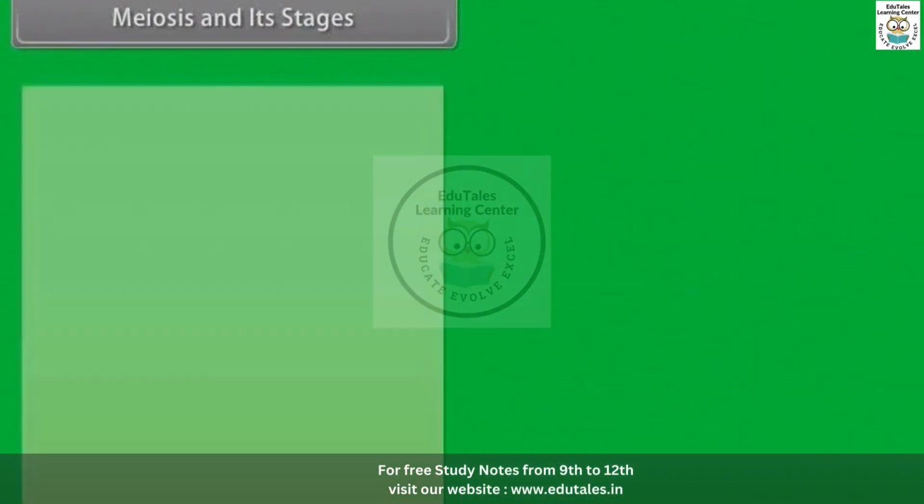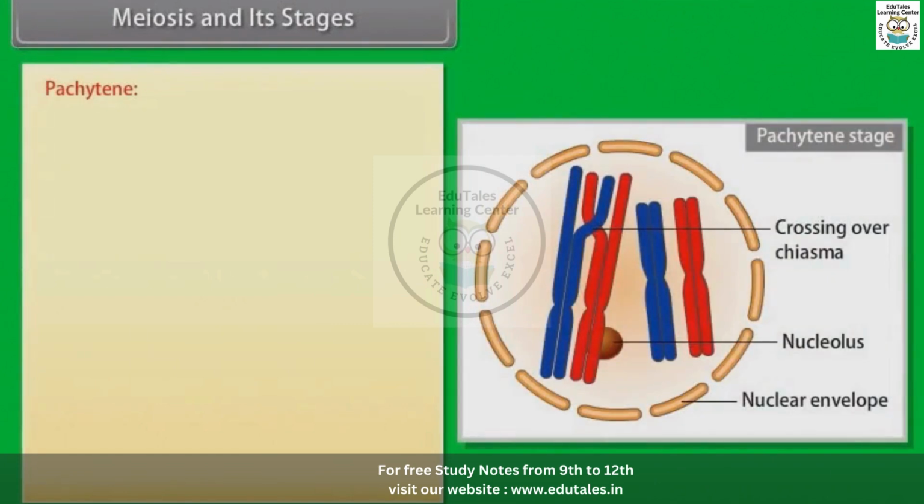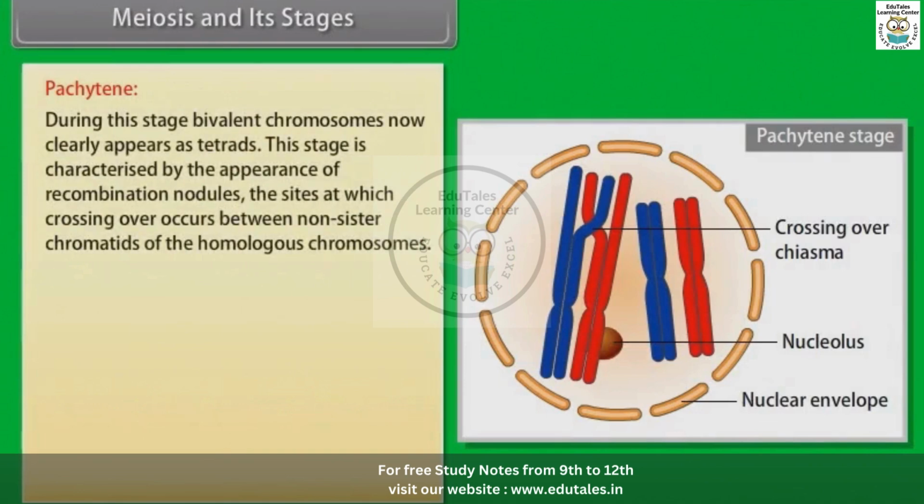The next stage, pachytene, is comparatively longer than the previous 2 stages. During pachytene stage, bivalent chromosomes now clearly appear as tetrads. This stage is characterized by the appearance of recombination nodules, the sites at which crossing over occurs between non-sister chromatids of the homologous chromosomes.